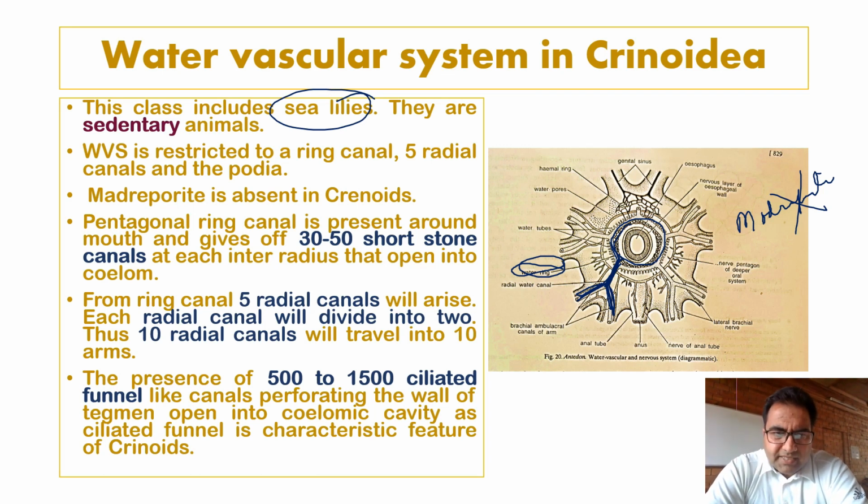So the presence of 500 to 1500 ciliated funnel-like canals, which perforate the wall of the tegmen, open into the coelomic cavity as the ciliated funnel, which is a characteristic feature of the crinoids.